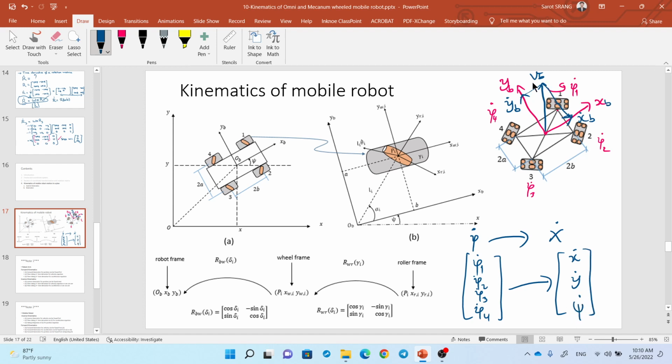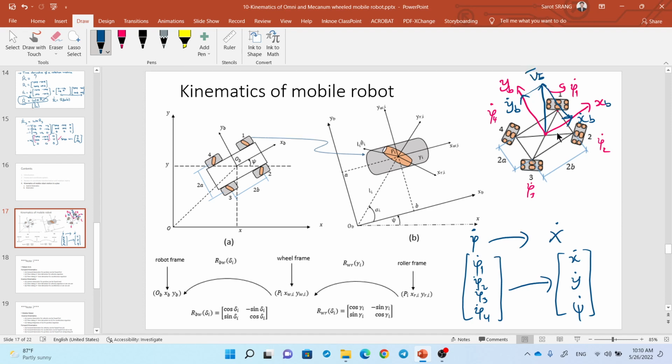So let's say you control the motor in a proper way so that the robot has the velocity vb, and at the same time it rotates by an angle with the angular velocity psi dot. Okay, it moves and at the same time it rotates. So this one is called forward kinematics.